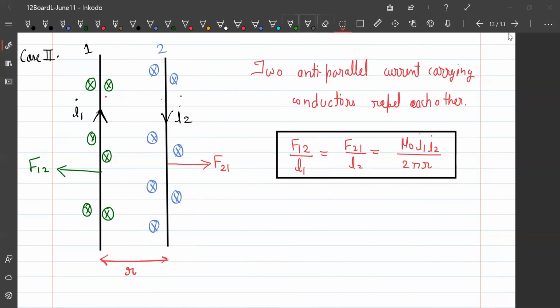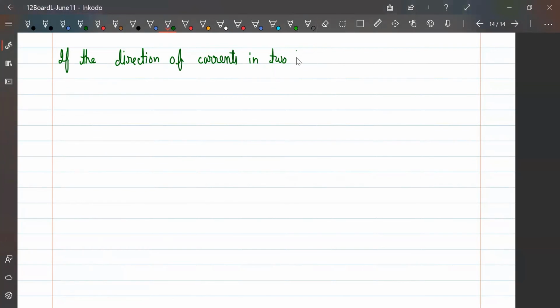Okay, so to conclude, we can write that if the direction of current in two parallel wires is the same, the wires attract each other.